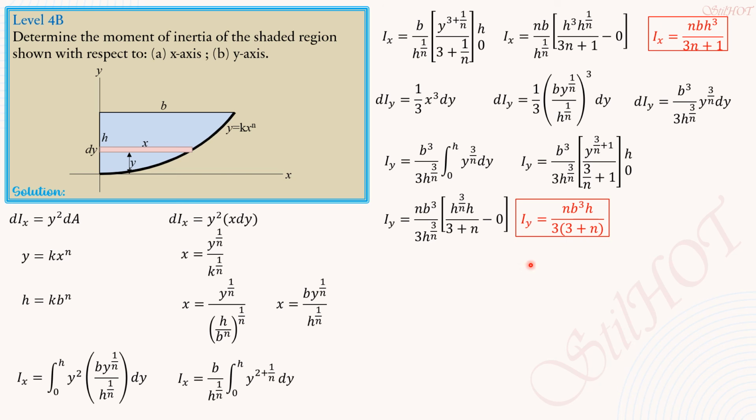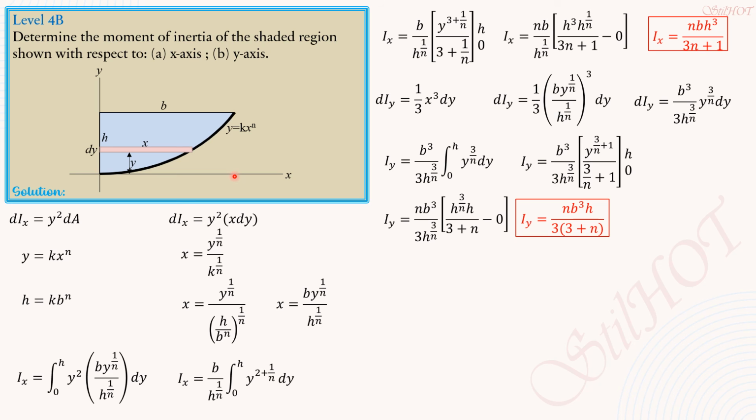So that's it. And for the simpler derivation, Ix is again the Ix of a rectangle minus the Ix of this supposedly shaded figure, which is derived in the level 4 problem.